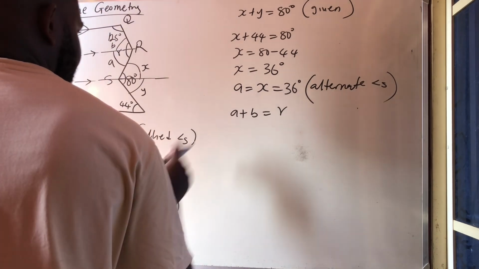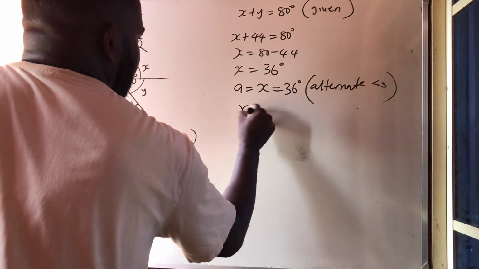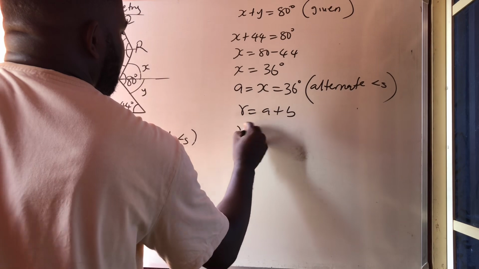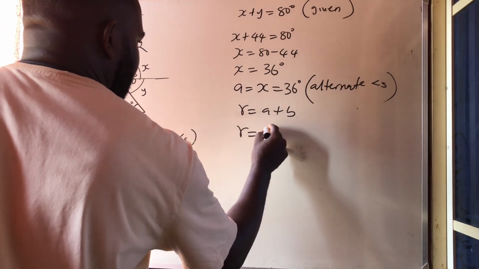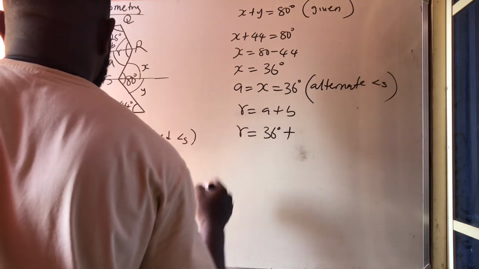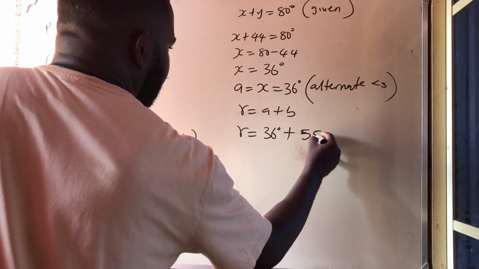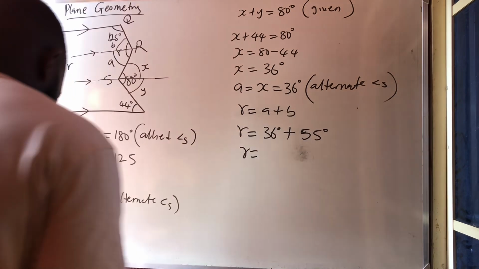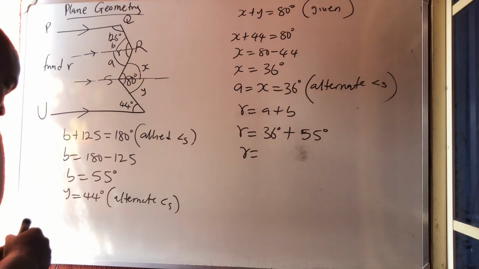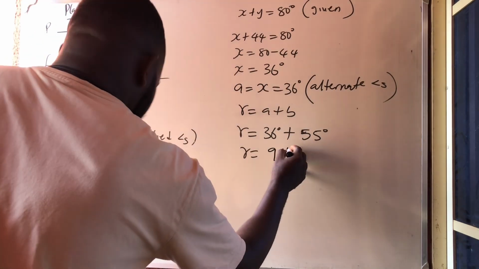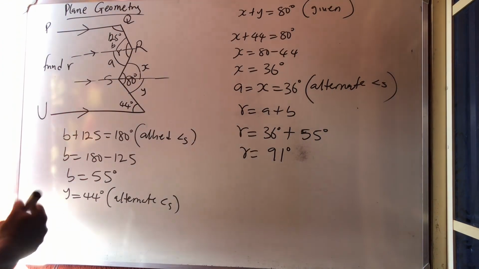So R is my A, 36 degrees, plus my B, 55 degrees. If you add the two of them, you are having 91 degrees. As simple as that.